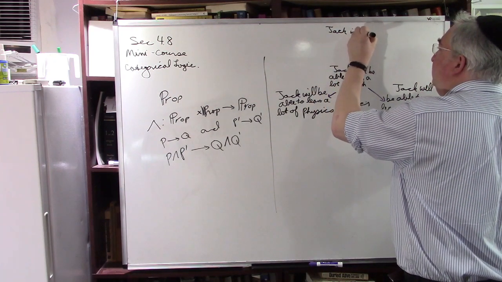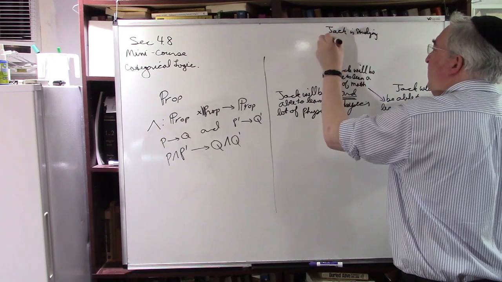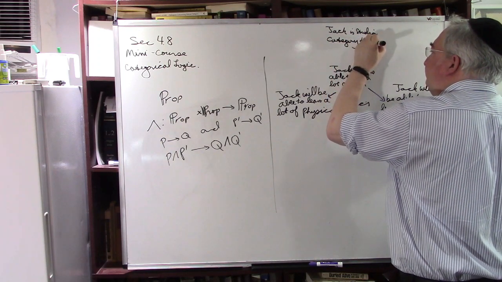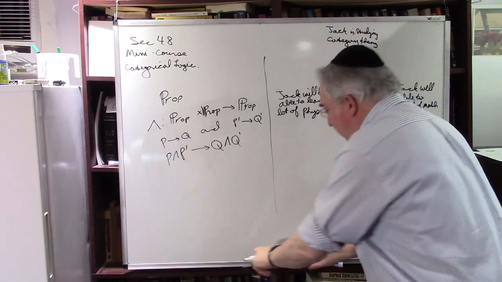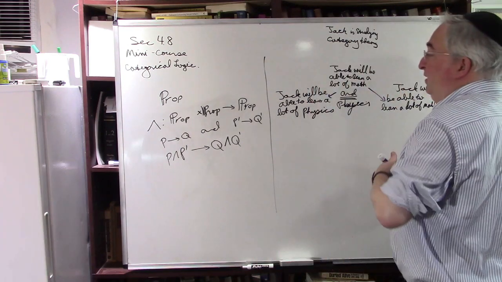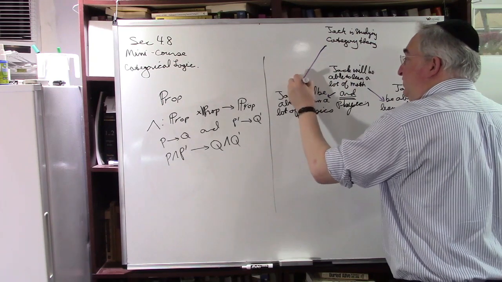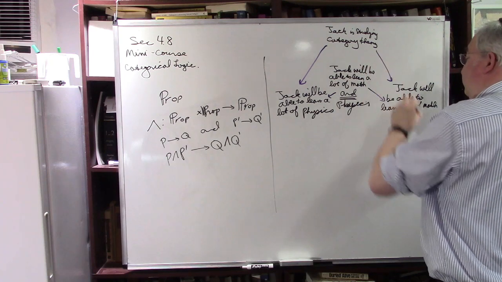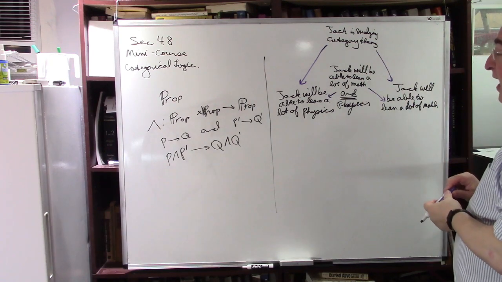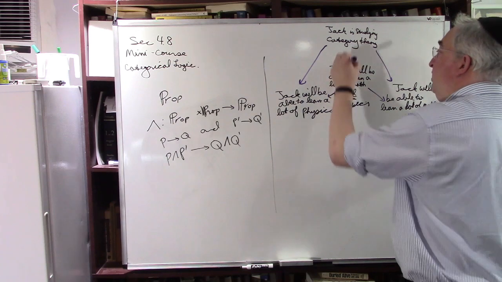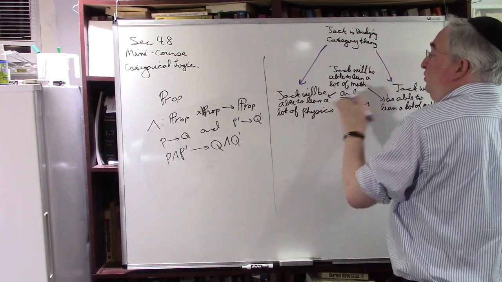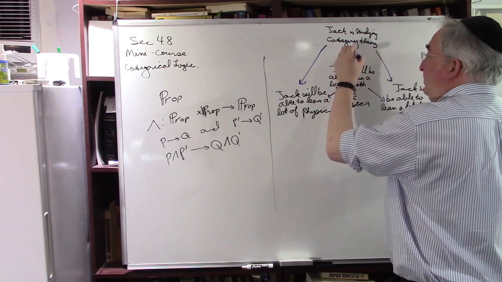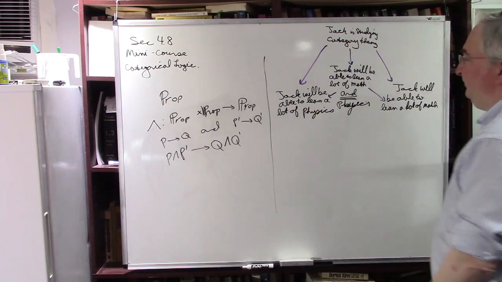Well, if you're studying category theory, that implies that you'll be able to learn a lot of physics, and it also implies that Jack will be able to learn a lot of math. The universal property says, if this satisfies this requirement and this satisfies this requirement, then it satisfies the AND of it. So we have it like that.